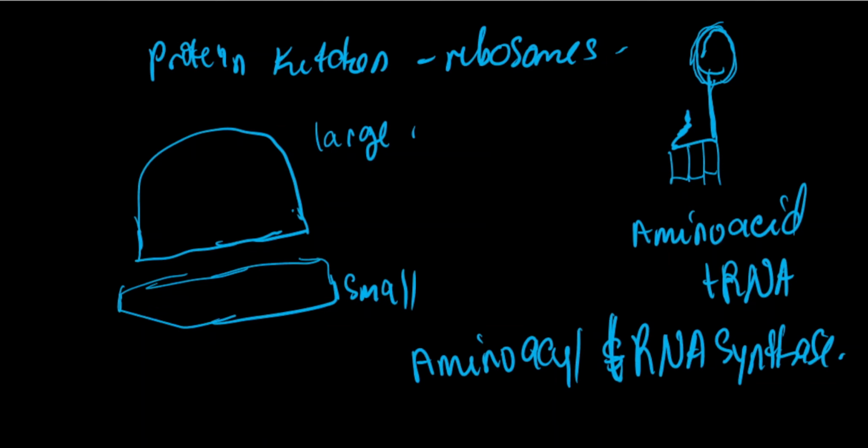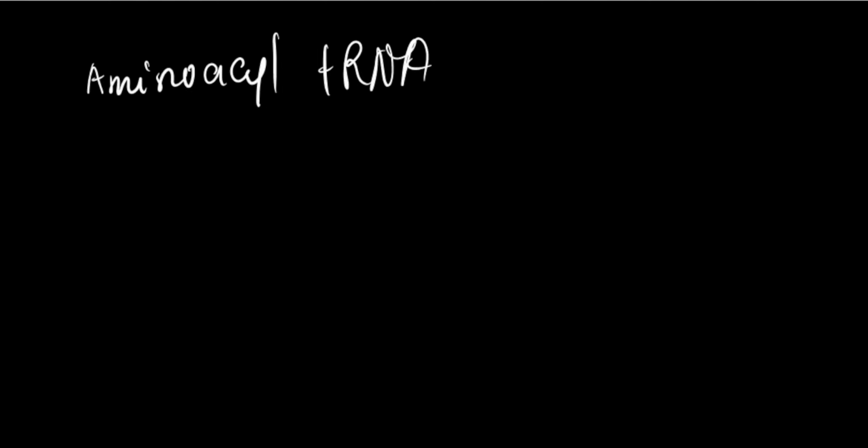It's an enzyme that basically controls the attachment of the amino acid to the tRNA. When the amino acid is attached to tRNA, what is formed is an aminoacyl tRNA. So it's important for us to take note of these terms.